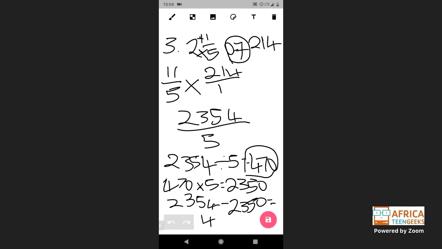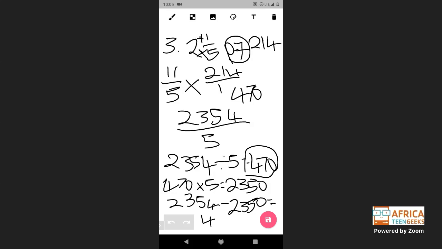So now let's do our mixed fraction. When we do our mixed fraction, we must know how many times 5 goes into 2,354. It goes 470 times, right? And what is the remaining number after that?